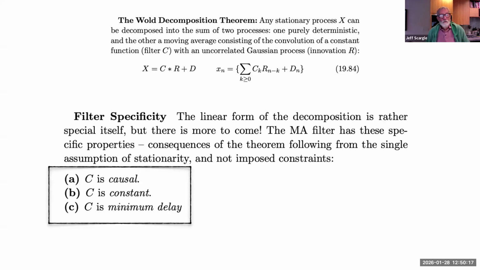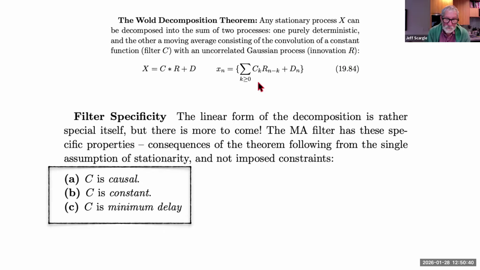So another thing that I didn't add in my statement of the theorem, but it comes out of the proof and the theorem itself, is that the filter C has three very specific properties. It's causal, and that's represented by the fact that the sum over k is only on non-negative times.